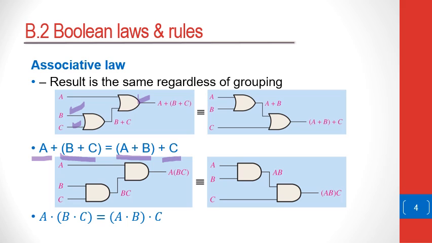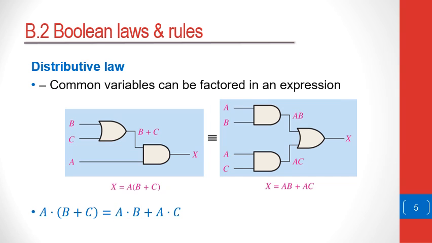These two results are equivalent. Similarly, the grouping of B and C and A will give the same result as the grouping of A and B and later C. These are pretty much intuitive, as I've stated.